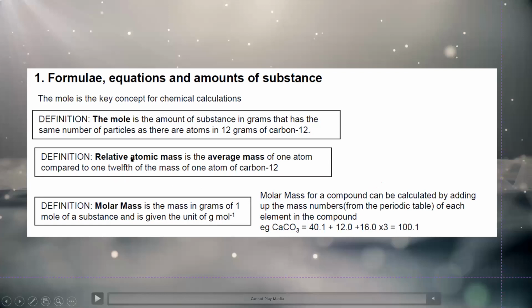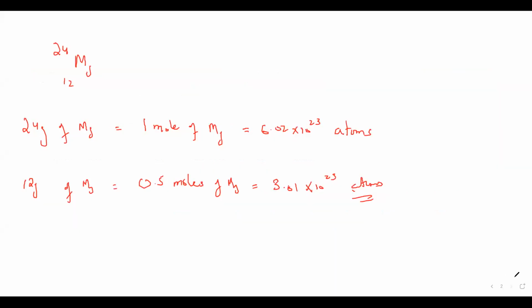Then you should be able to define the term relative atomic mass. How do we define the term relative atomic mass? When we have a substance, as we know carbon is 12 and 6.